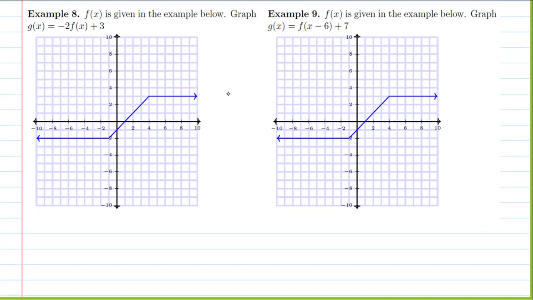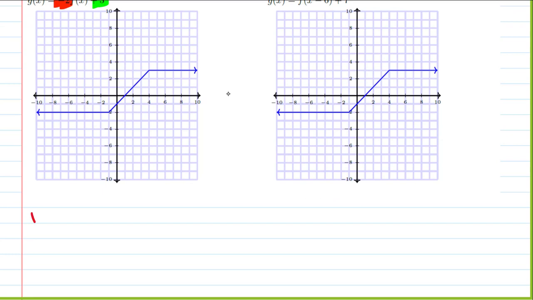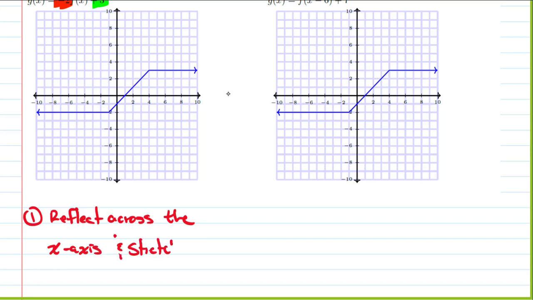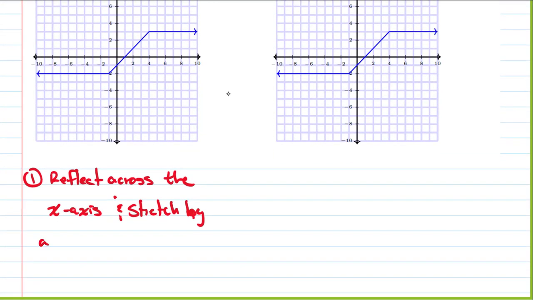If we look at each of these, here I have a -2 and I have a +3. So the -2, the part in red, is going to reflect across the x-axis because it's negative, and stretch by a factor of 2.